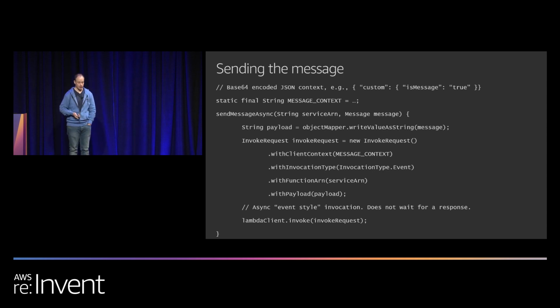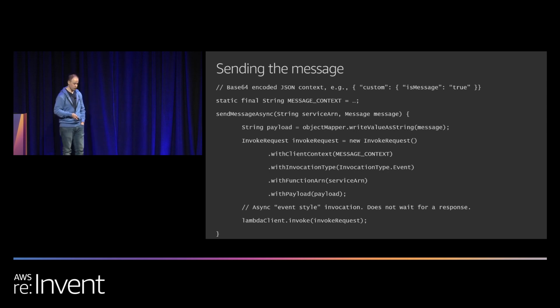So in this case, I've decided to add some metadata to my message. I'm going to set a custom attribute, is message, with a value of true. What this is going to be used for, we'll see on the receiving end, is we can use that metadata to determine something about the message and handle it in one way or another.